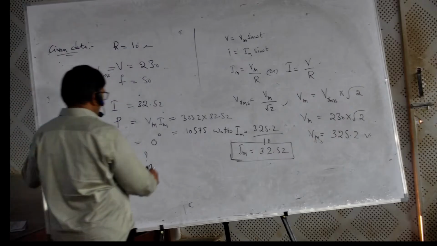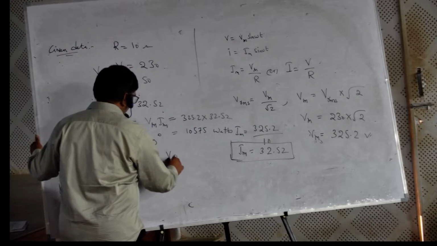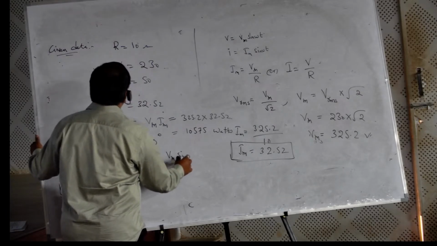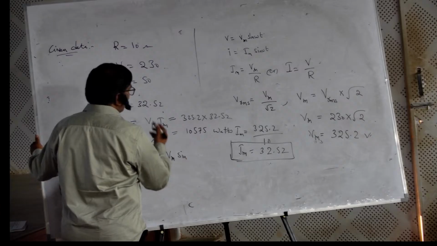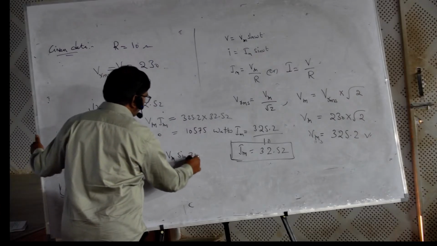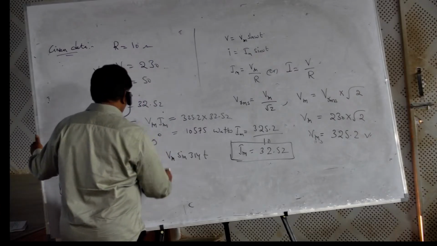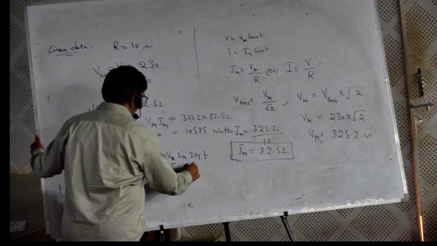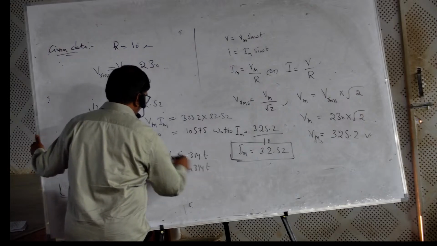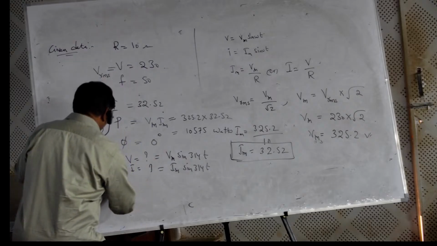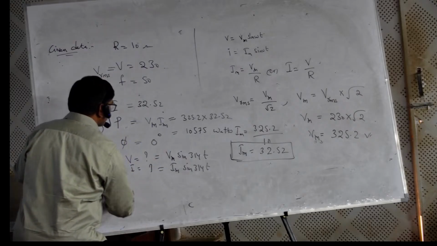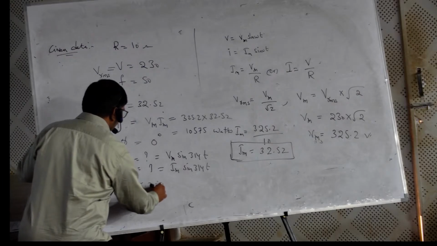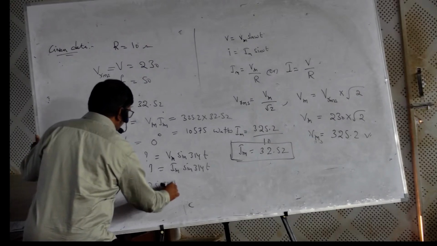What is the voltage equation? V is equal to Vm sin omega t. Omega is 2 pi f, so 314 t. I is equal to Im sin 314t. Writing the values, V is equal to 325.2 sin 314t.